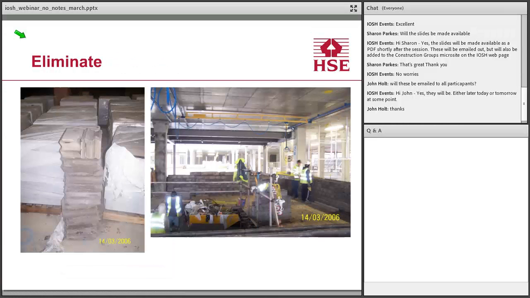So let's have a look at one example of this. This is a hospital radiation room, and there were going to have to be 25,000 lead blocks, which were about 30 kilograms each. Originally, they were all going to be installed by hand, but a mechanical lifting aid was installed.